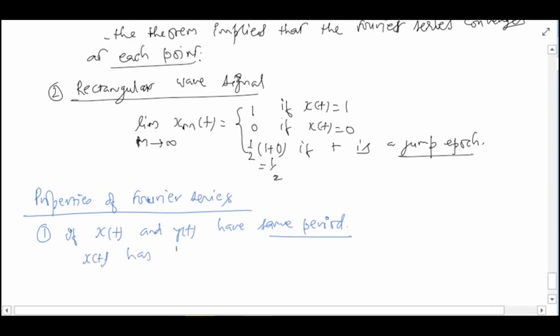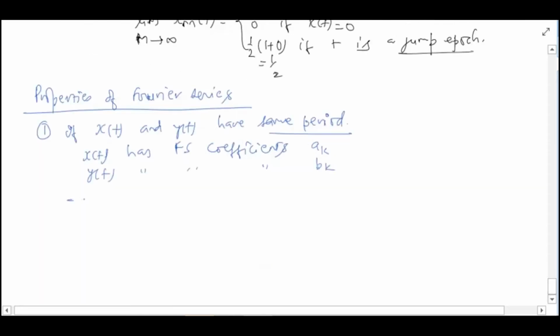x(t) has Fourier series coefficients a_k, y(t) has Fourier series coefficients b_k, then alpha x(t) plus beta y(t) will have Fourier series coefficients alpha a_k plus beta b_k.